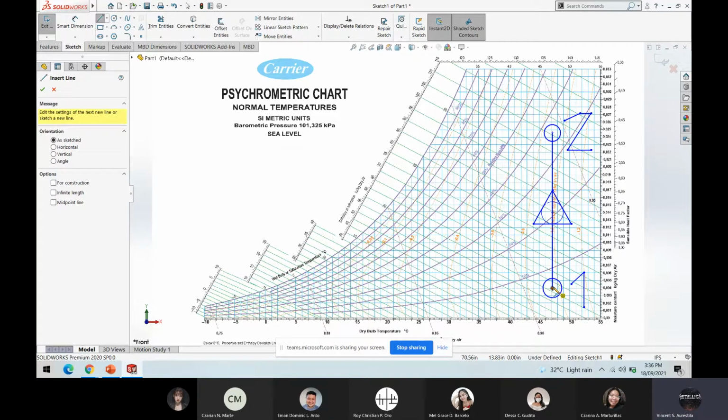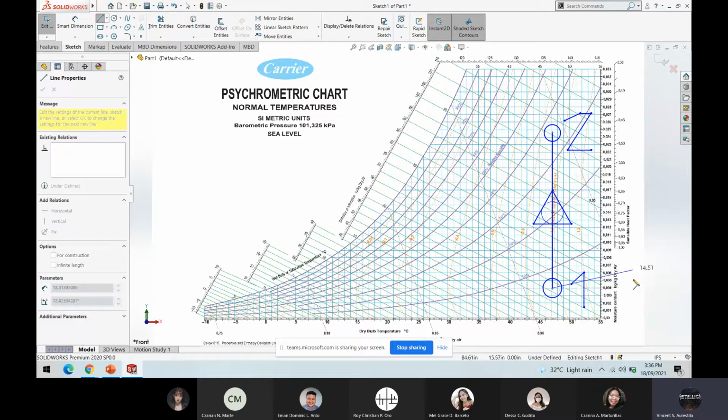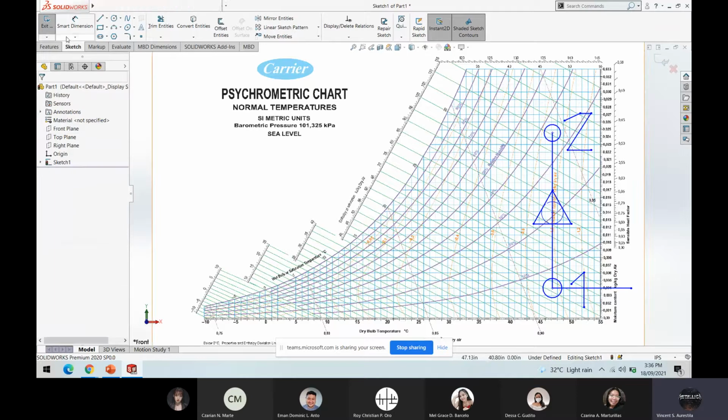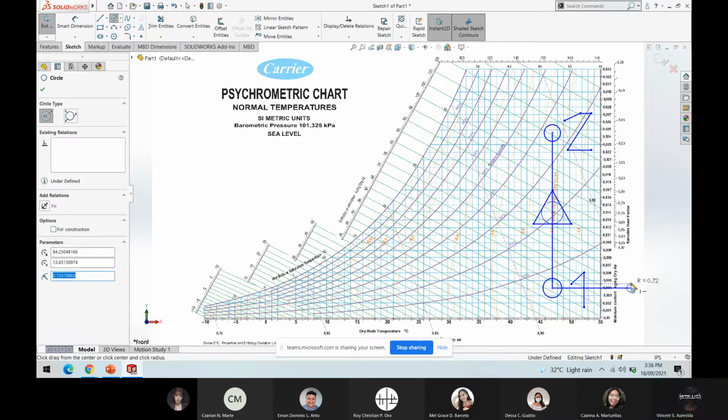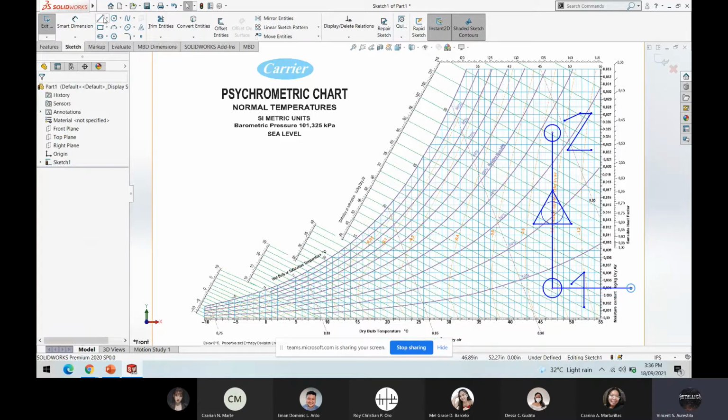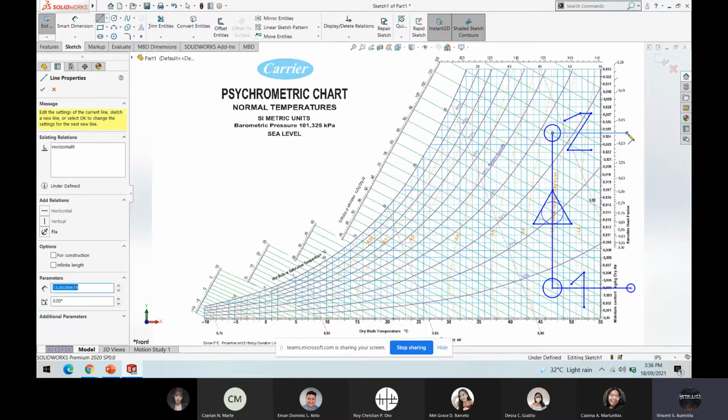When it is plotted in the chart, so specific humidity kay horizontal line. So sa kaninga part, this is the specific humidity sa state 1. And so during a part is the specific humidity sa state 2.